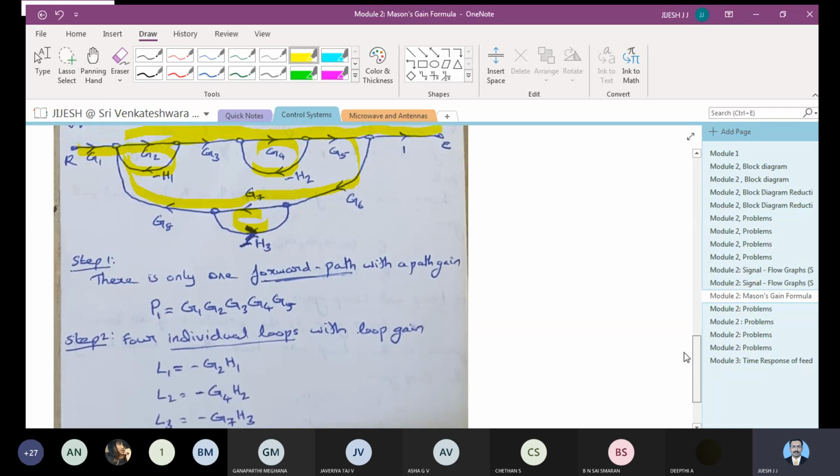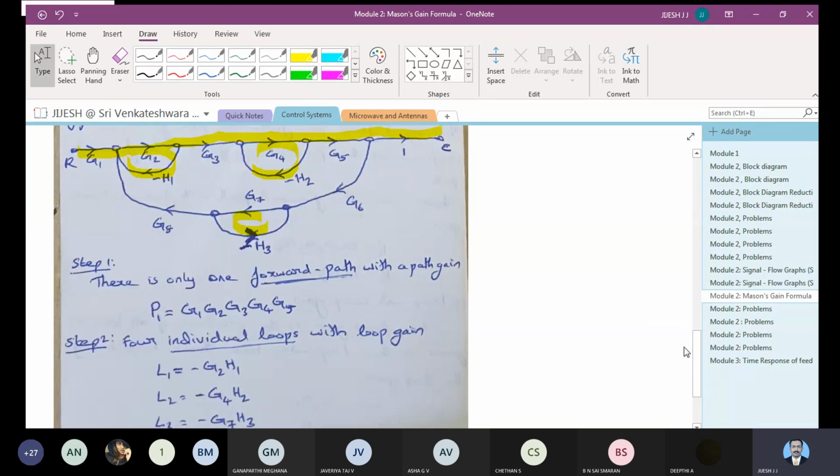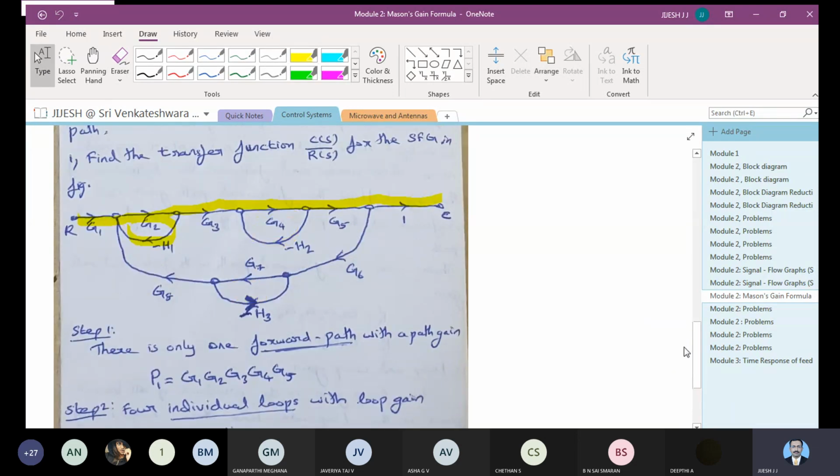Whether you have any doubts in these two steps, make it very clear, because further on you have to do the same thing again and again. Is there any doubt in finding the forward path or the loops? If there is, make it clear in the first problem itself.